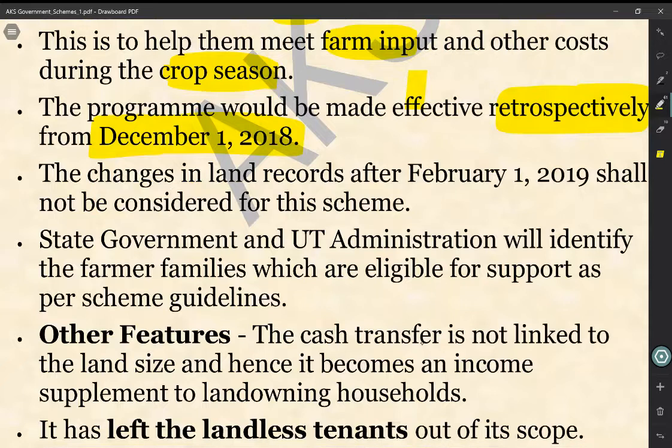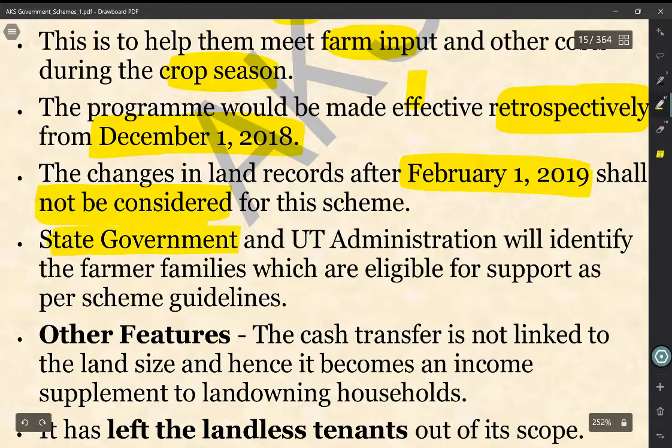Also note that the changes in land records after February 1, 2019 shall not be considered for this scheme. Whatever changes in land records have taken place after February 1, 2019 shall not be considered as criteria of eligibility for the scheme.